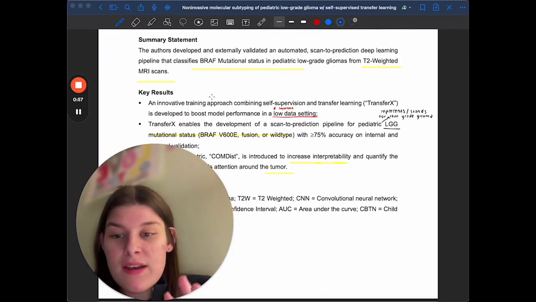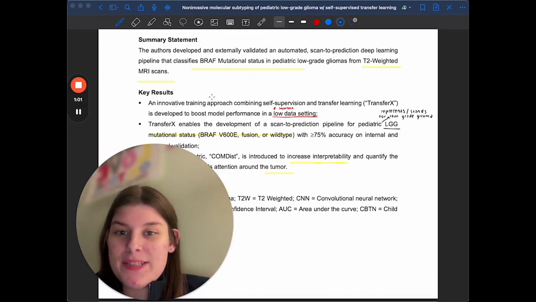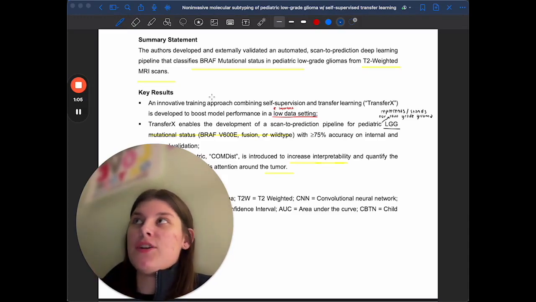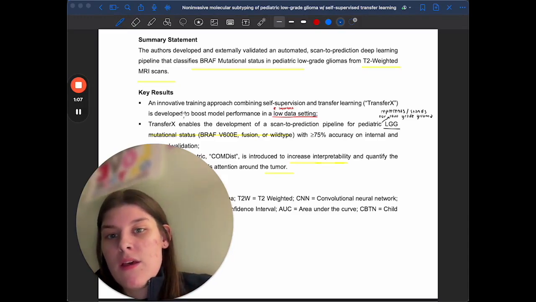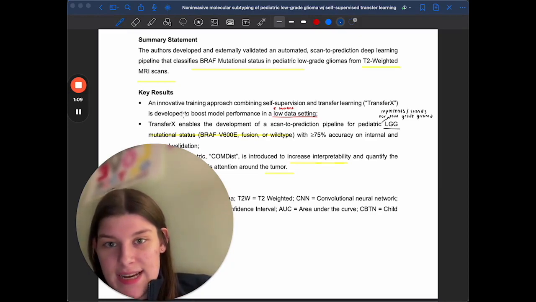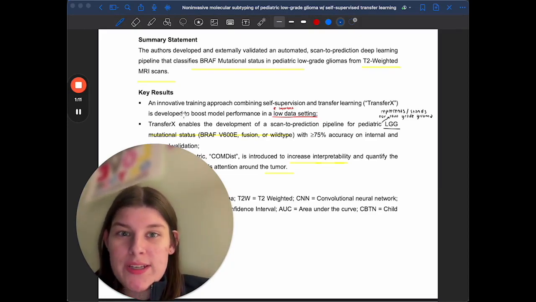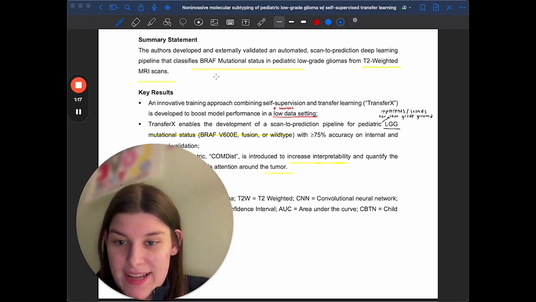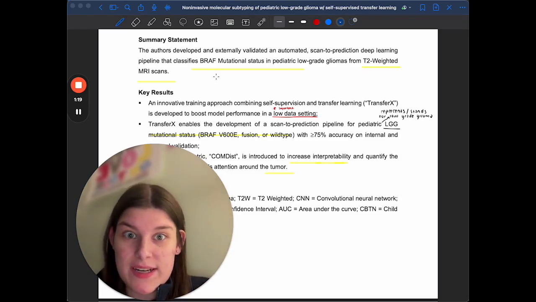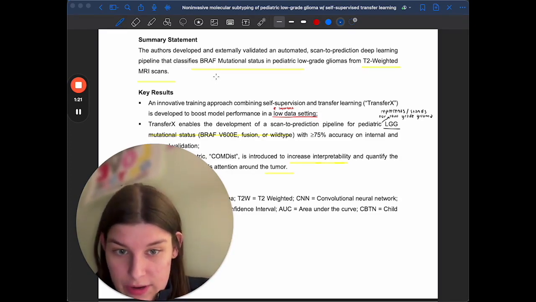Basically, the main objective for this paper was to figure out a way to improve current performance. The status quo is that mutation status classification isn't really automated at all, and if it is automated, it has to be externally validated, which it lacks in a lot of clinical settings and in the research beforehand.